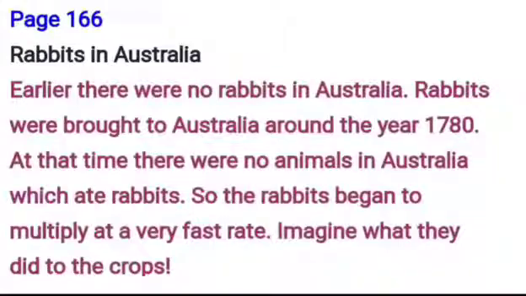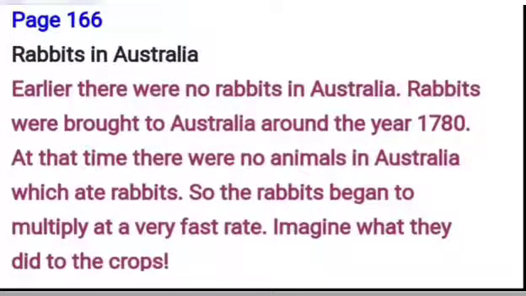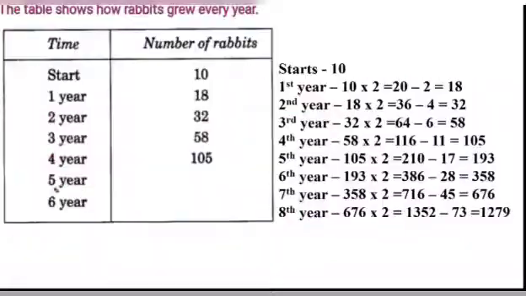So there were no predators of rabbits at that time. So the family of rabbits went on increasing year by year. The rabbits began to multiply at a very fast rate. So imagine what they did to the crops.